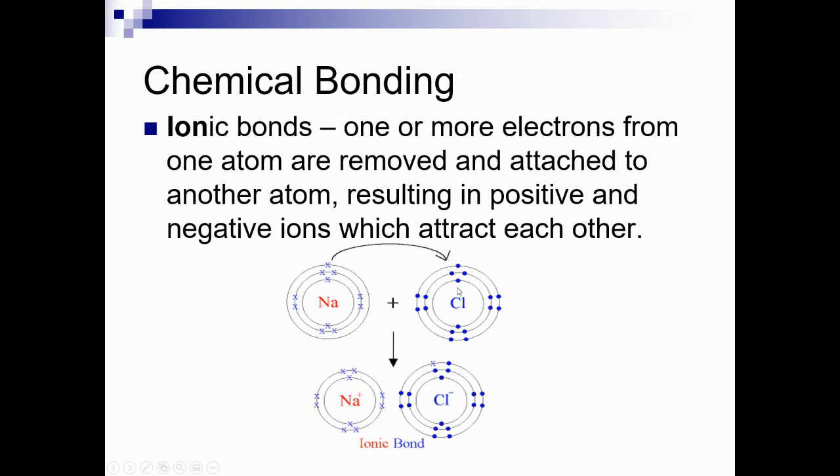My chlorine atom, 17 is the atomic number for chlorine. So 2, then 8. My second shell is full and there are 10 electrons, but I have 17 to balance my protons. That means I have 7 in my outer shell.